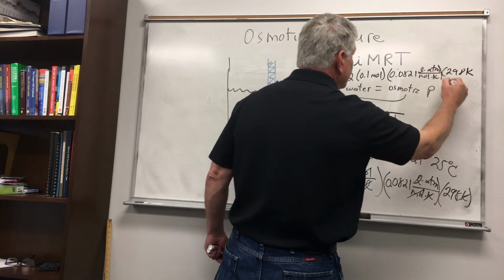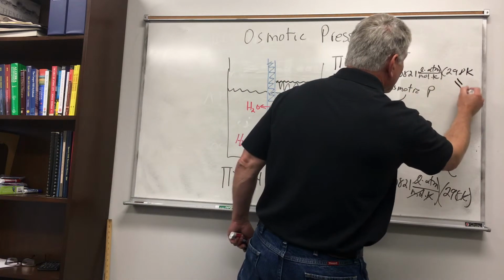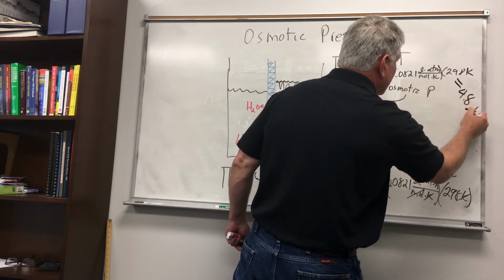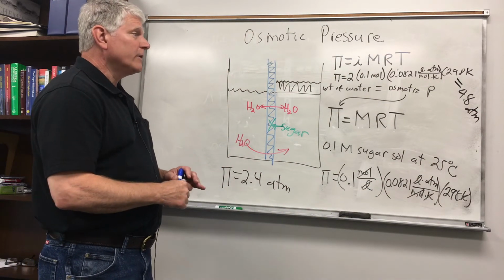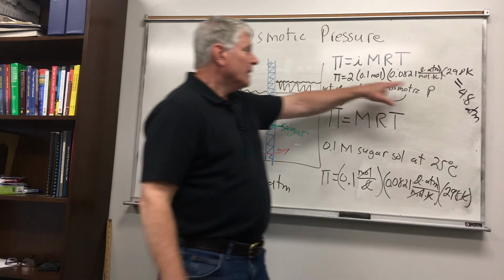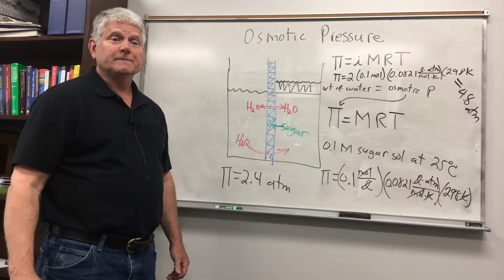And so this would just equal double this. So this would be equal to 4.8 atmospheres. So if we have just a 0.1 molar sodium chloride solution, the osmotic pressure will be 4.8 atmospheres.